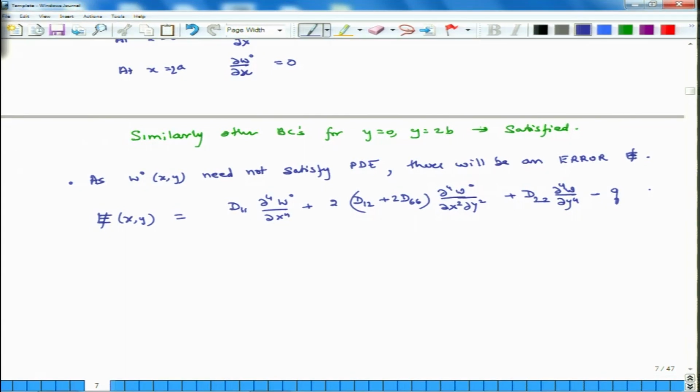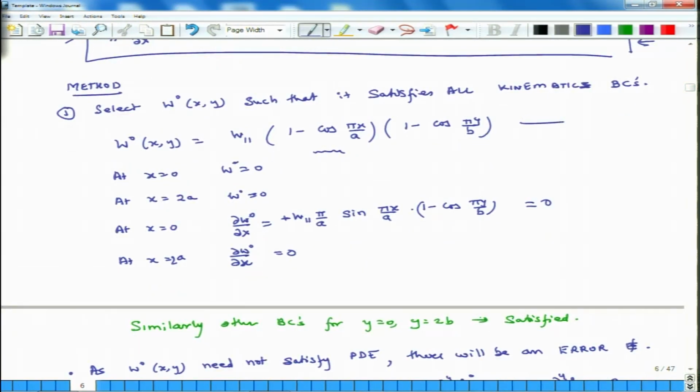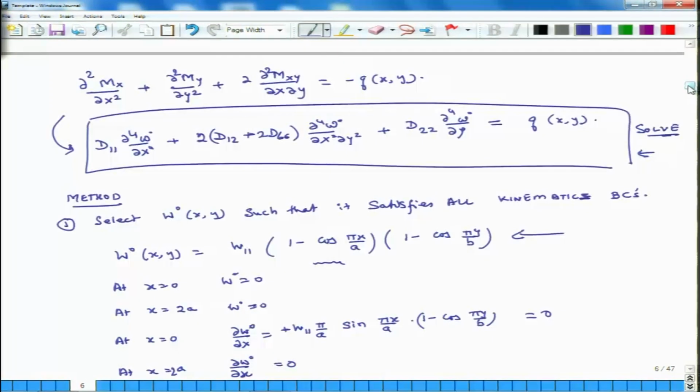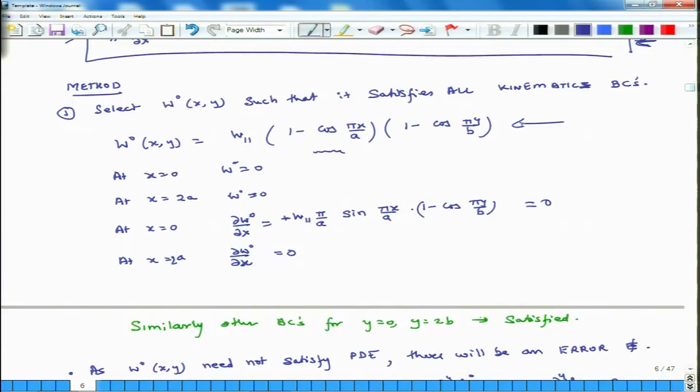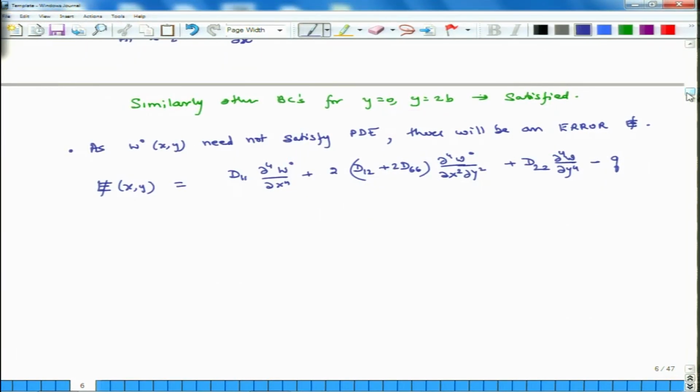Essentially, how do we calculate the error? We calculate the error by plugging into the governing differential equation. This is our governing differential equation. In this governing differential equation, we plug in the assumed relation for W, and because the expression for W need not satisfy the partial differential equation, it may lead to an error, and this error we designated as E and then of course crossed across it.